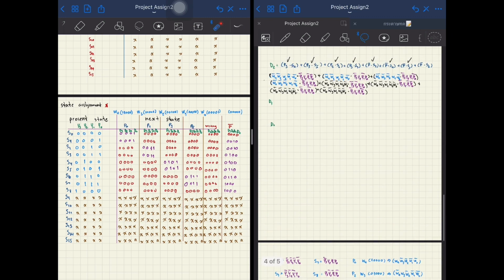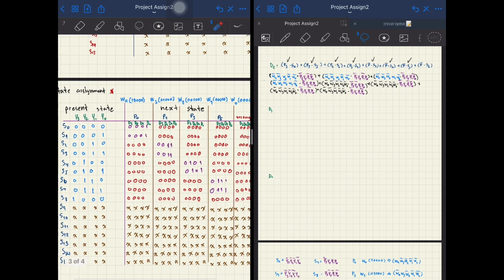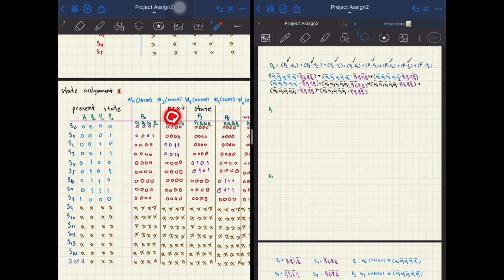Well, we move to D1. So D1, what are we going to do? For D1, we look at the things that are 1 at that bit. So this 0 0 0, so 0 0, here we find 1, and it is P2, right?